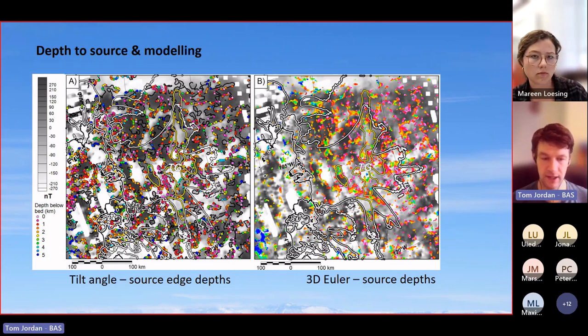But what both of these techniques seem to be showing is generally the sources are at depths beneath the bed of 0 to 1 kilometre, so fairly shallow. It isn't a vast sediment-filled basin with 3 to 5 kilometres of non-magnetic sediment.